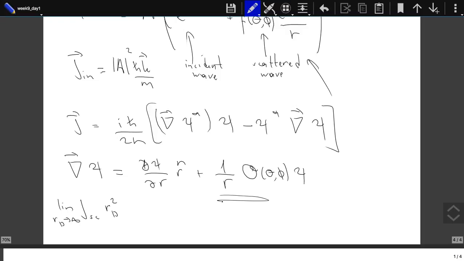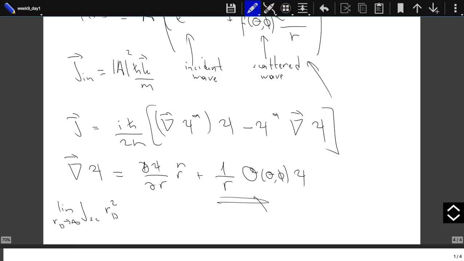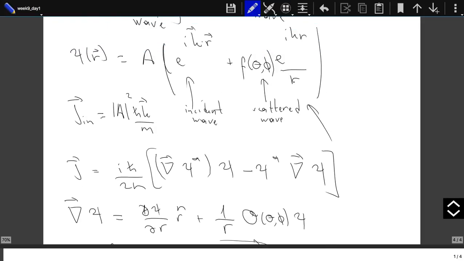In the far zone, or in electromagnetic terminology, in the radiation zone, these terms do not contribute to the current. Furthermore, if we take the derivative of this 1 over r, again we don't care about them, because the derivative of 1 over r will bring some 1 over r squared, and again at far distance, in the radiation zone, they will not contribute.